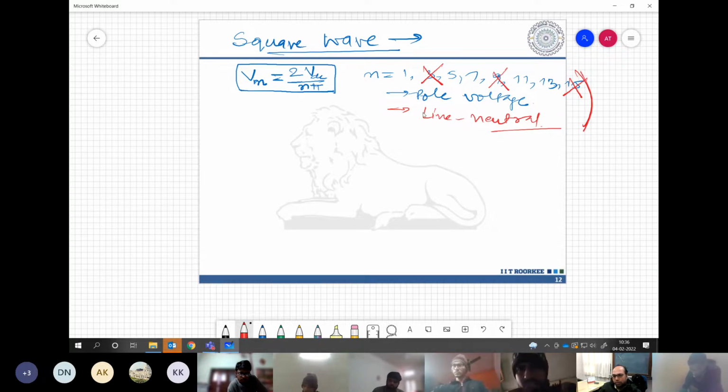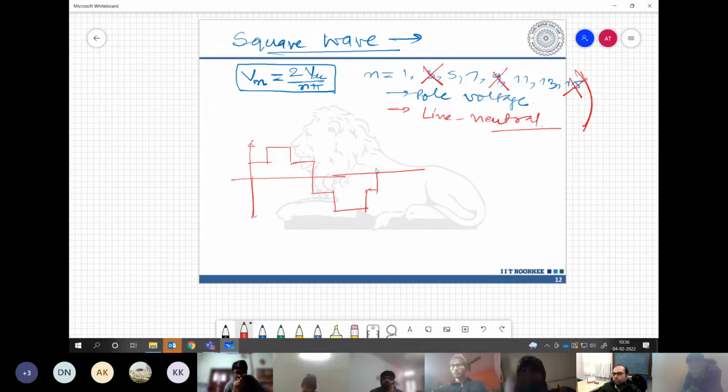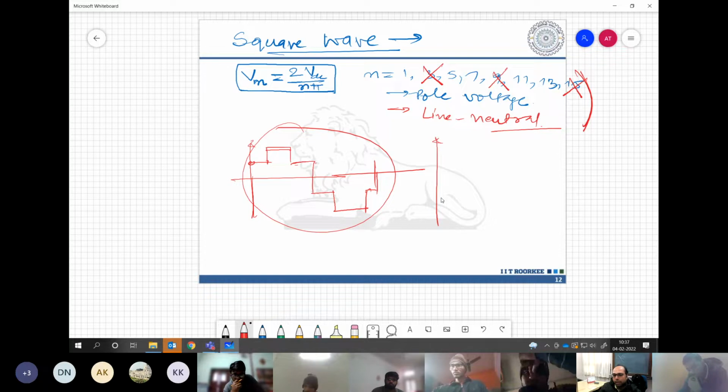So if you are asked to do the Fourier analysis of line to neutral voltage and get the harmonic components present, you need not do the computation directly. This may be difficult, as it has different shapes in different places. A simpler approach is to do the analysis for a square wave and just forget the triplen harmonics in this waveform.